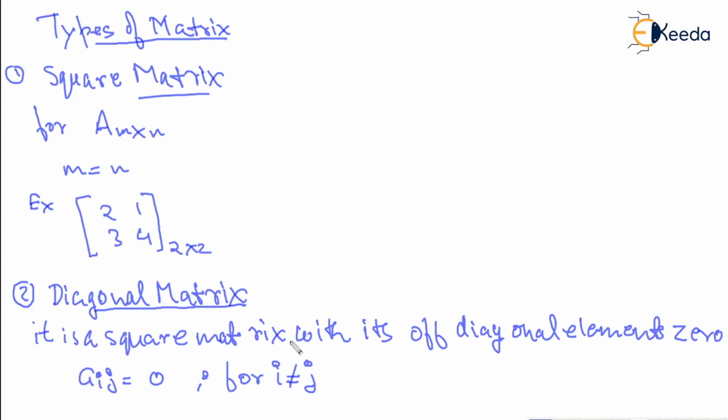Let's say I'm giving the example here. The example is A equal to 2 0 0, 0 3 0, 0 0 0.